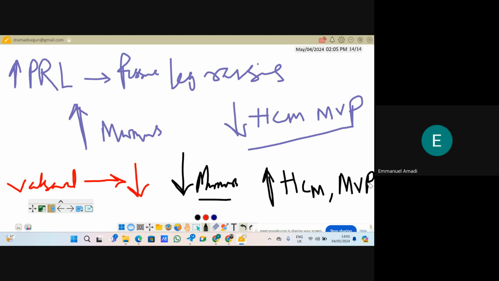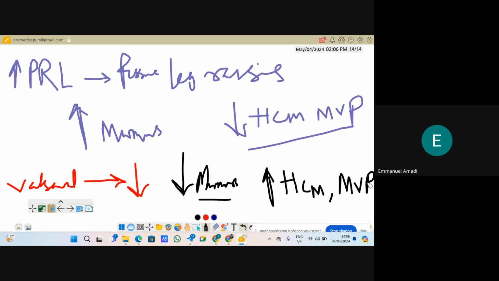Now, from the location of that murmur first, the murmur is at the left sternal border. If you remember that diagram we drew, because that murmur is at the left sternal border, that murmur can be one of three things. It could be a murmur of hypertrophic cardiomyopathy, a murmur of aortic regurgitation, and a murmur of pulmonic regurgitation.